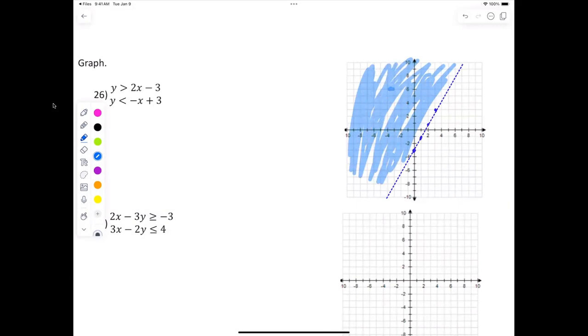So that's what we got starting out right there. Shading is above. All right, now we're going to graph the next one. So the next one, I have what? Up 3. Whoever said that, thank you very much. And then from there, I go what? Down 1 to the right 1. What kind of line? Dotted line.